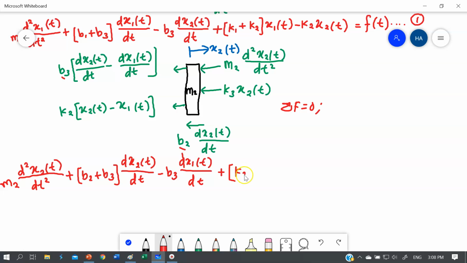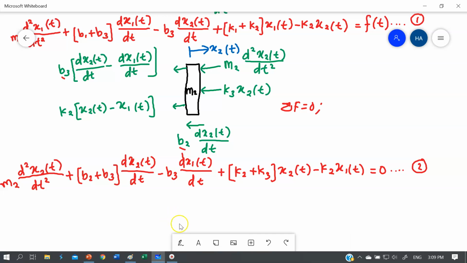So you have k2 plus k3 multiplied with x2 minus k2 and x1. This time it's equals to 0 because no input is applied to the second mass. So let's call this equation 2.